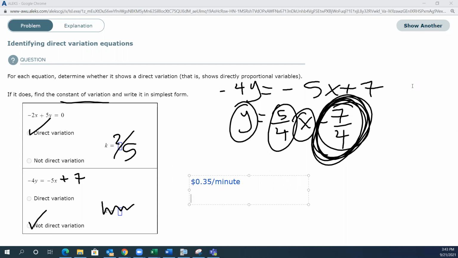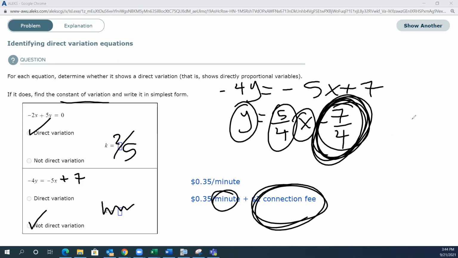Compare that with, hey, I'm going to make a long distance phone call and it's 35 cents per minute plus a $2 connection fee. Now that is not direct variation, because the cost, the y, is not completely dependent on the number of minutes.